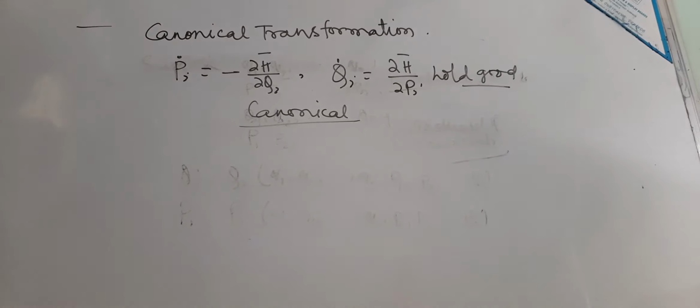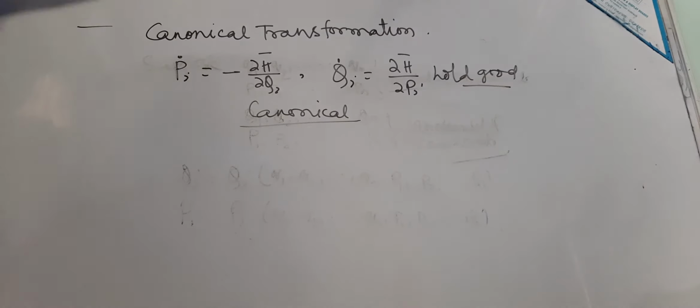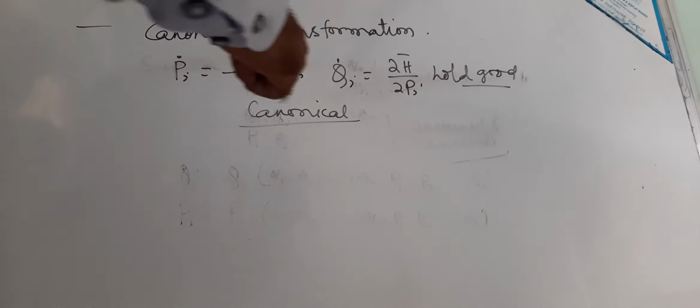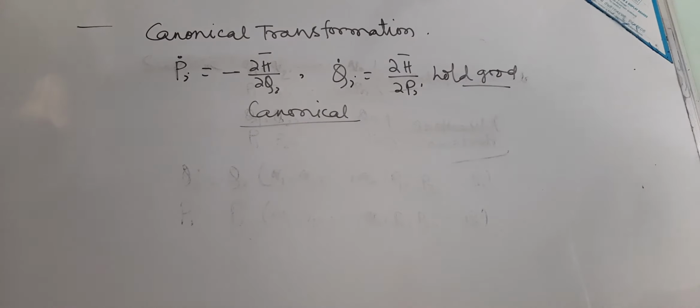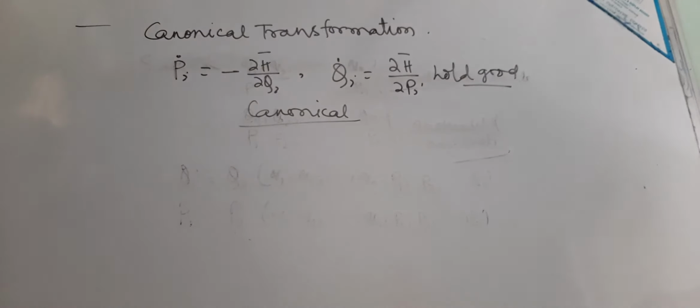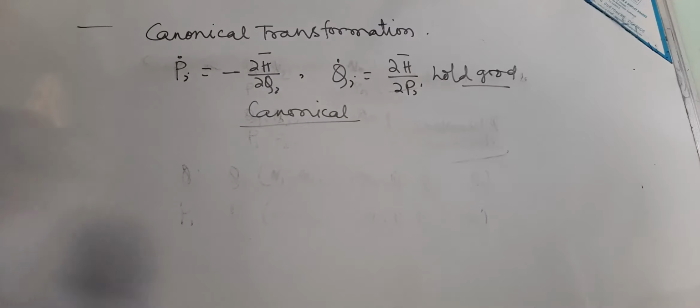If that holds good, then this is said to be canonical. So from one set of coordinates to another set of coordinates, if the equations of motion in the new coordinates remain in the same form, then we say that it is canonical.